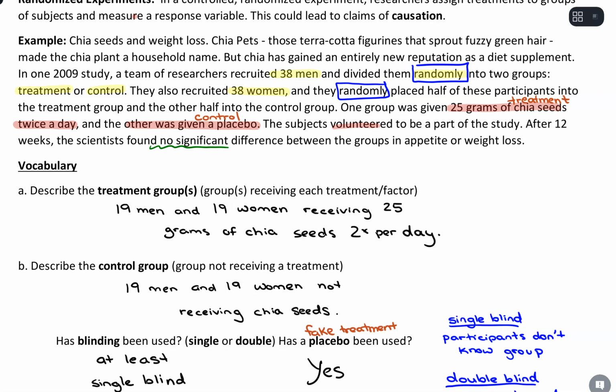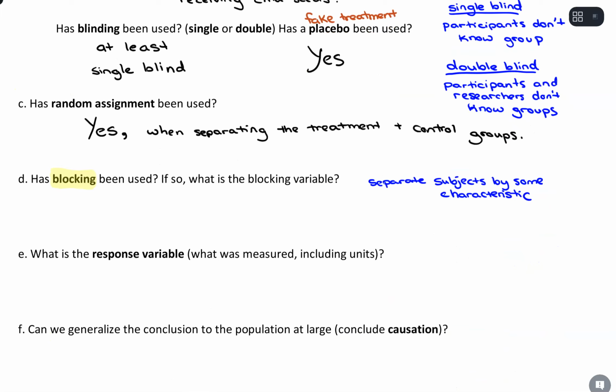This often comes through when there's stuff to do with biology and like weight loss. Just men and women operate differently typically with that. If they're not interested in seeing how it differs by gender, then they don't need to use blocking. That's fine too. In this case, they did. So has blocking been used? Yes. And if so, what is the blocking variable? In this case, it's by gender.